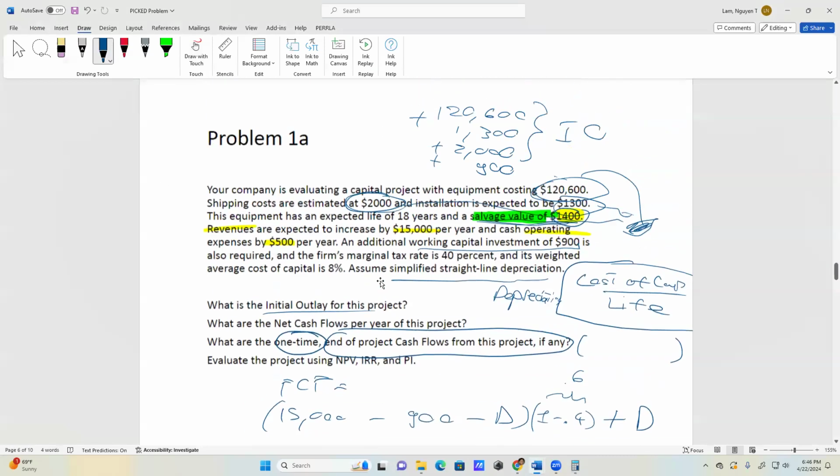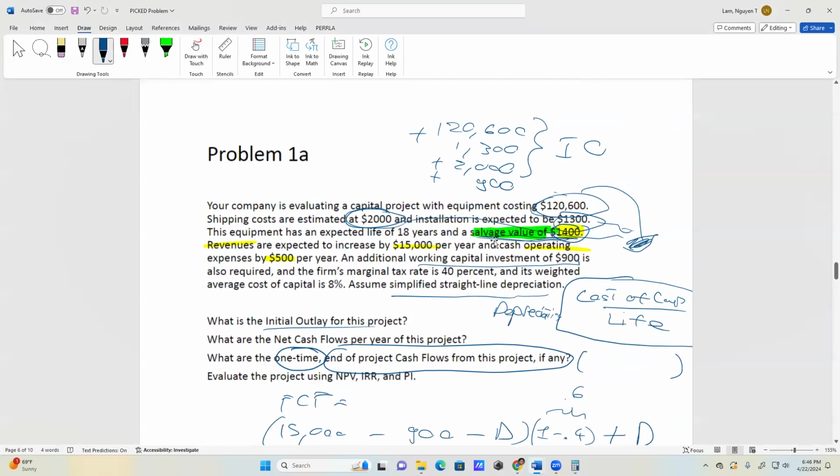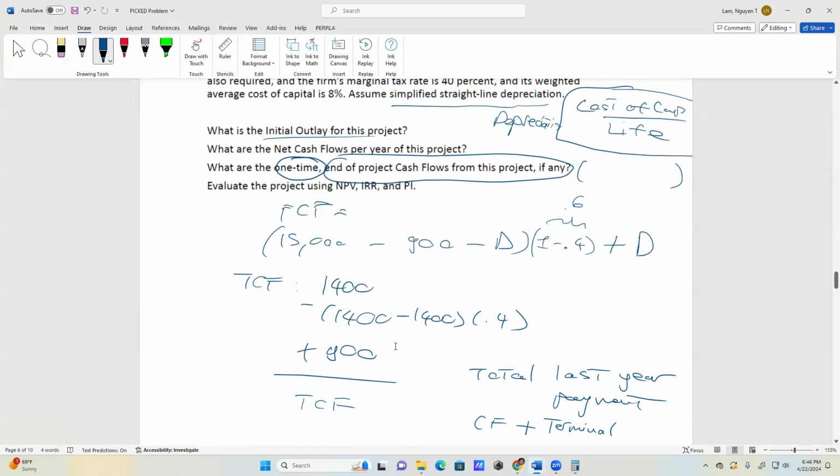So whenever you see "salvage value of," that is what they're referring to.